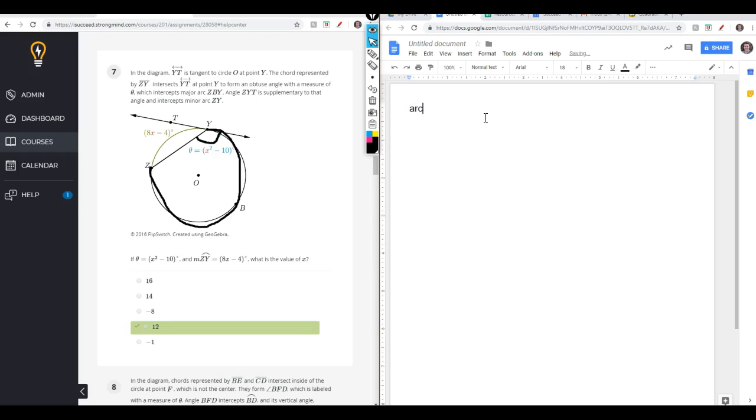Arc ZY plus arc ZBY is going to equal 360 degrees. So we know that arc ZBY is equal to twice angle ZBY.